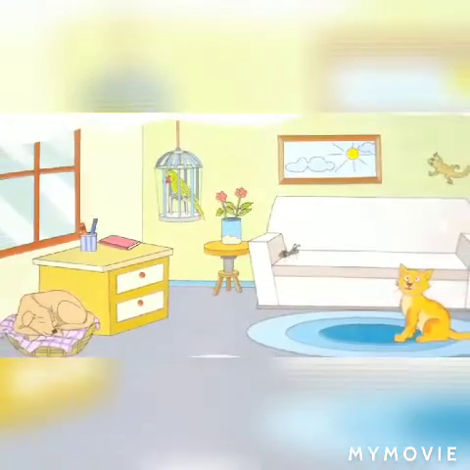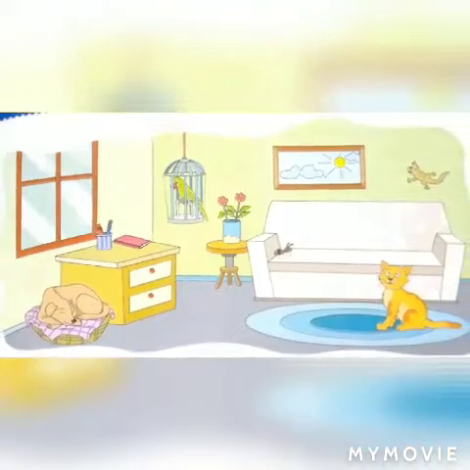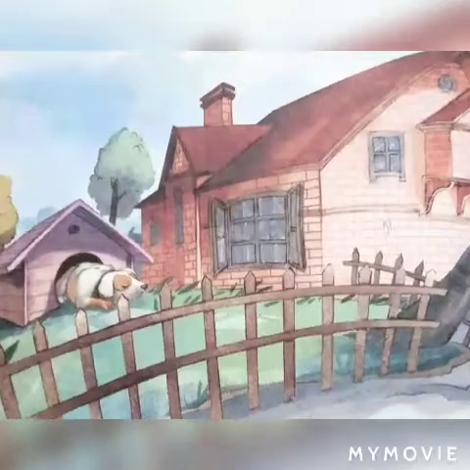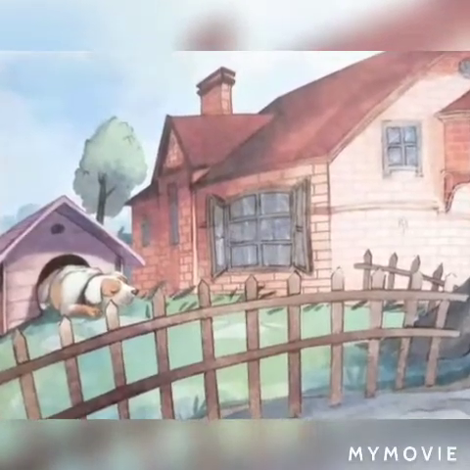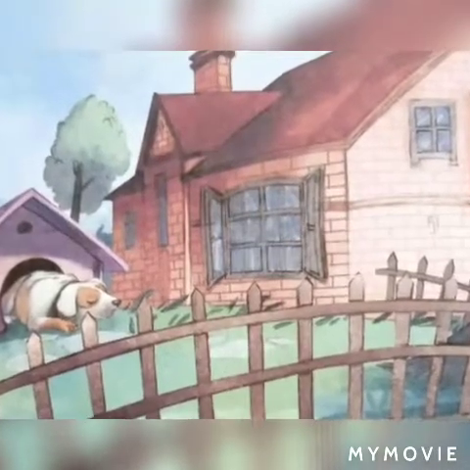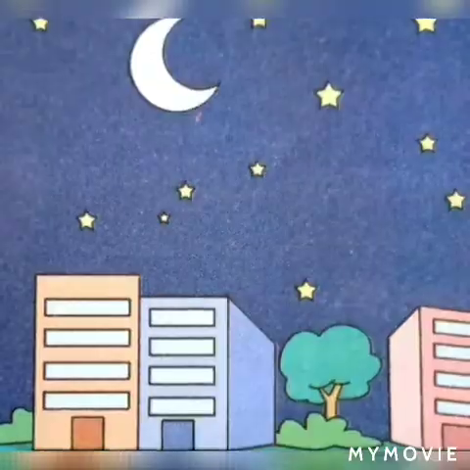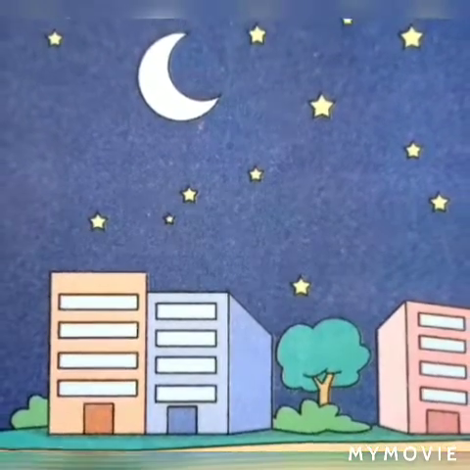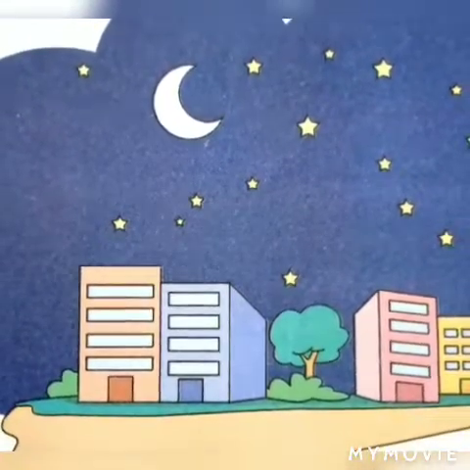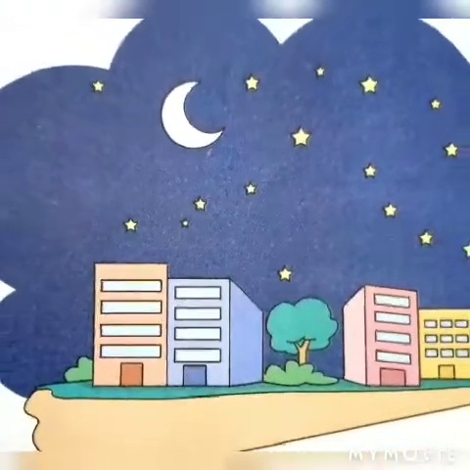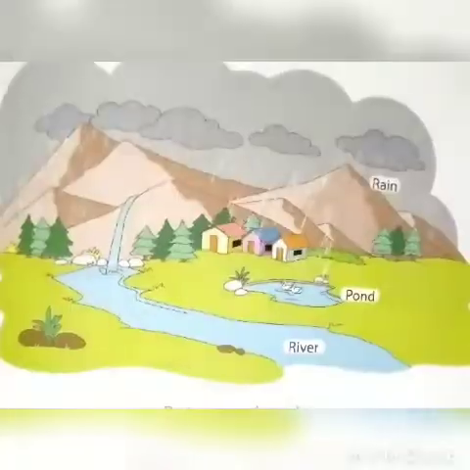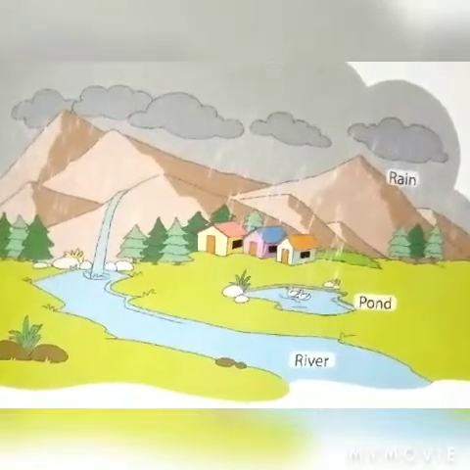Some non-living things that are found in nature are called natural things. One simple way to remember natural things is that the things that are made by God are called natural things. For example, sun, sunlight, water, air, animals, humans, mountains, trees, rivers, all these are natural things.